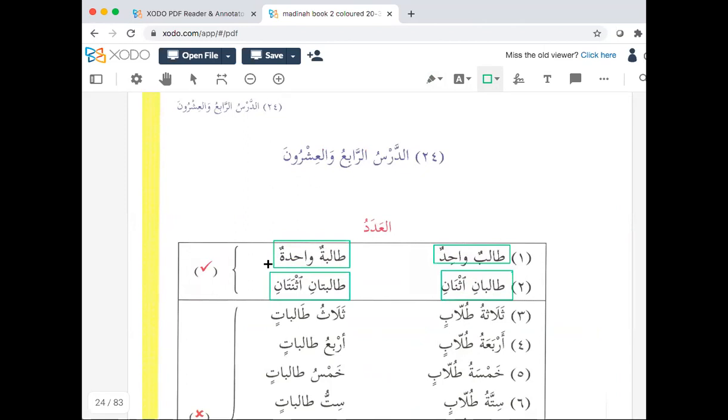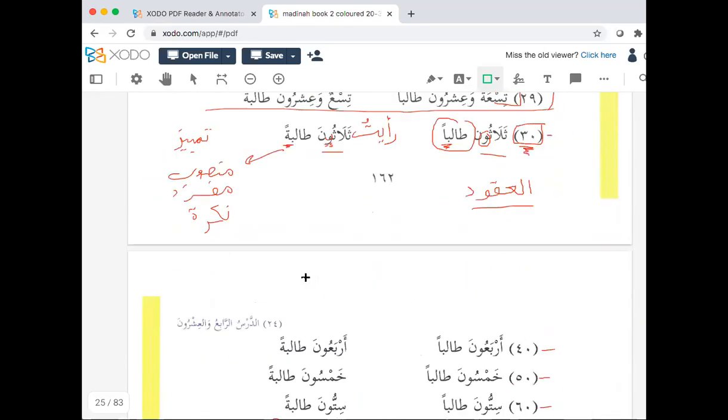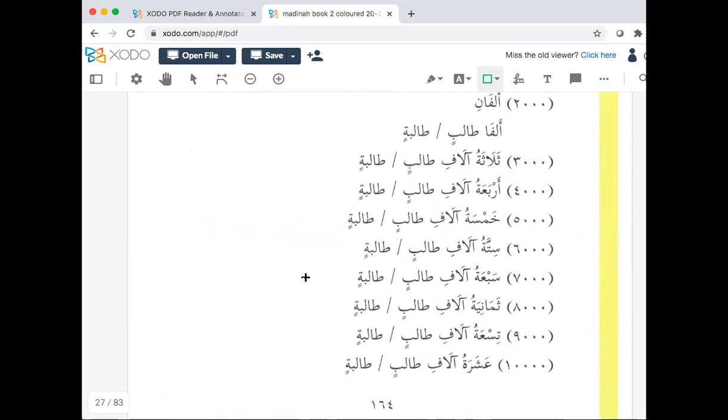We said that this is na'at, but you don't have to even use it. Because when you say talibun or talibatun, it means one. When you say talibani, talibatani, you mean two immediately. So over here, after 100, he said, mi'atu talibin. Where have we gone?